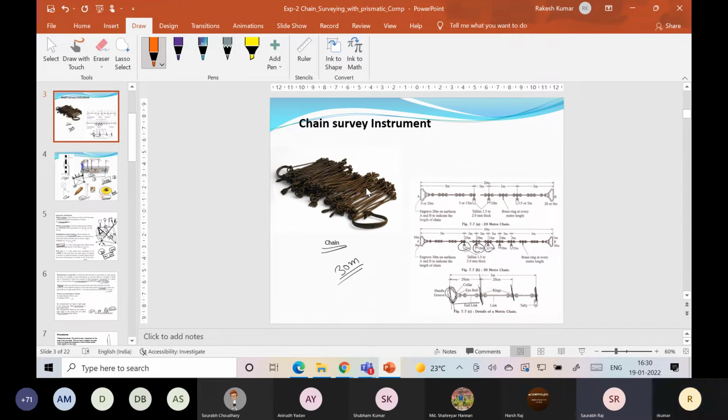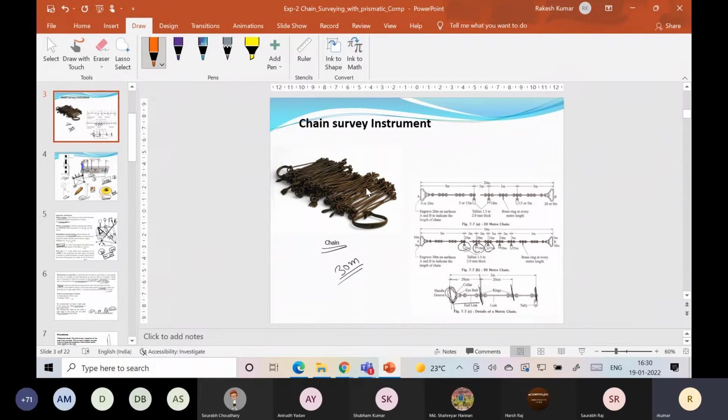The chain needs to be tied to a ranging rod, which we can't always do to a tree, like if we are finding some offset. Repeat, please, what are you saying? If we have to find an offset from a tree, then how can we tie the chain to the tree? No. I want to only replace this chain with the measuring tape.